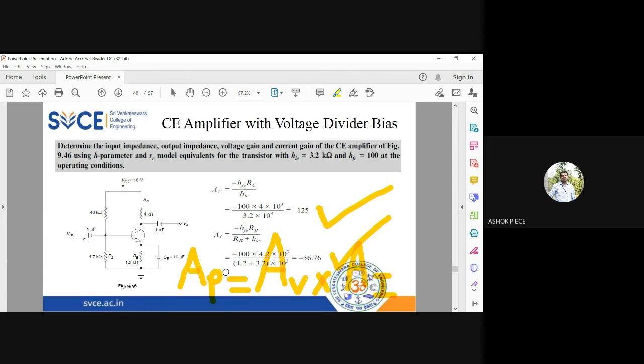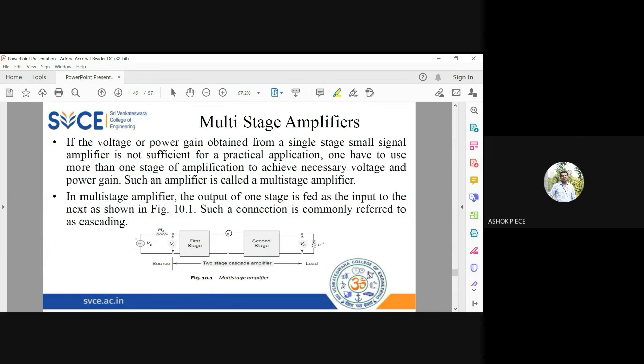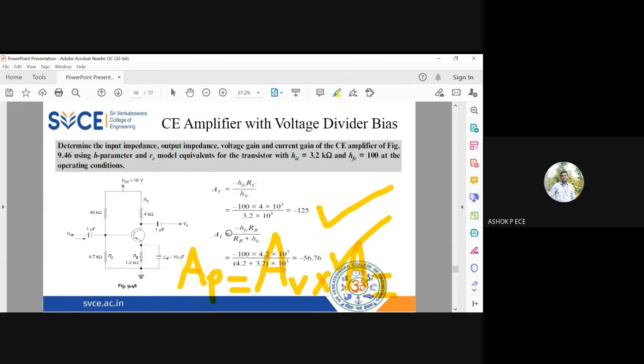Okay, so this will conclude the concept of common emitter amplifier analysis using H parameter model. We have analyzed fixed bias circuit. We have analyzed a circuit with unbypassed resistor, fixed bias plus unbypassed resistor. Now we have analyzed voltage divider bias common emitter amplifier.